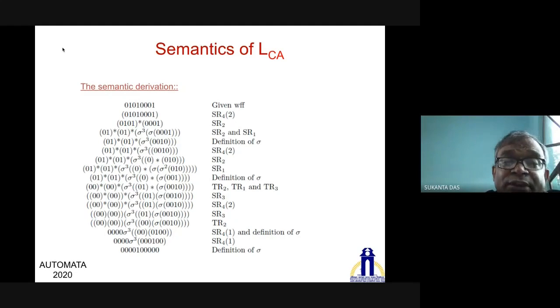In this way I have written some steps, and after writing the steps, I can see that we are able to reach 00001 and then 50, which we wanted to test: whether from the given string we can reach the final string. So this is a derivation. We can say that from V alpha we can get V beta. So this is a semantic derivation.